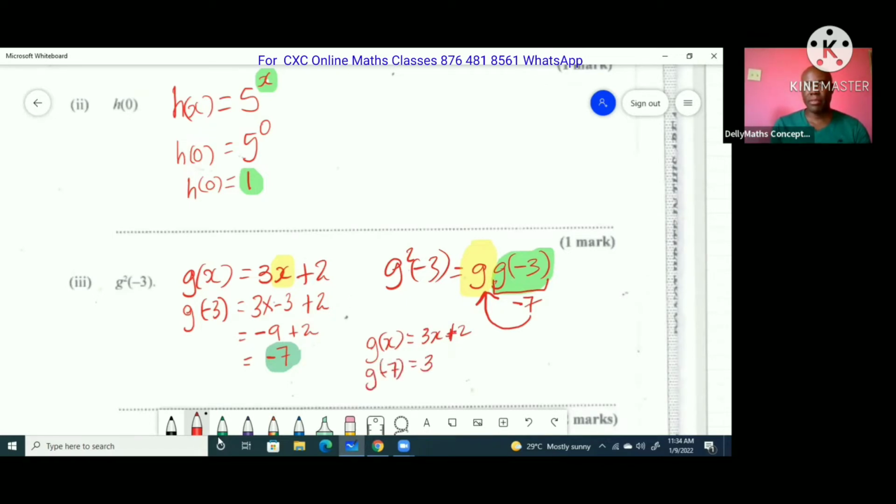It's going to be 3 times -7, then I'm going to be adding 2. I'm getting -21 plus 2, and that gives me -19. So in conclusion, I could just write g squared of -3 is equal to -19. And here is my solution.